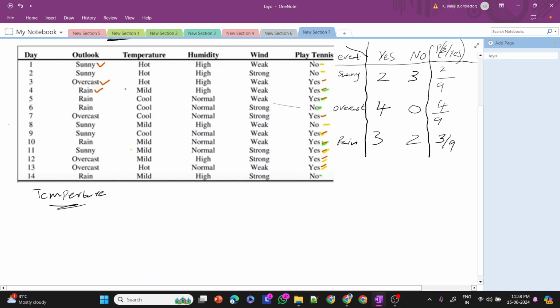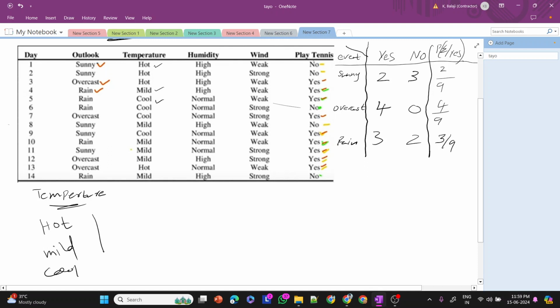There are totally 3 categories for temperature: one is hot, another is mild, and another one is cool.